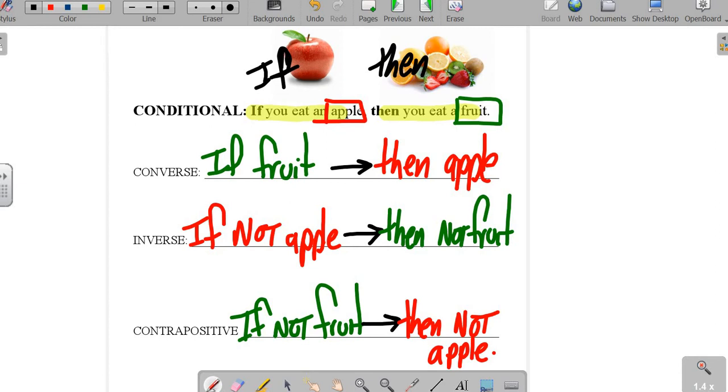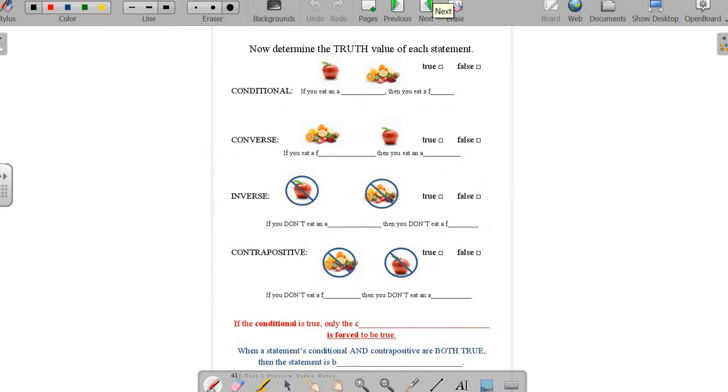If you've eaten a fruit, then you've eaten an apple. The inverse, you negate. If you haven't eaten an apple, or if not an apple, then you have not eaten a fruit. Contrapositive, you switch and negate. If you've not eaten a fruit, then you've not eaten an apple. Converse is switch. Inverse, negate. Contrapositive, switch and negate.